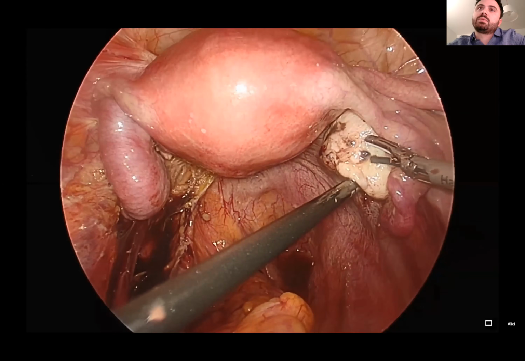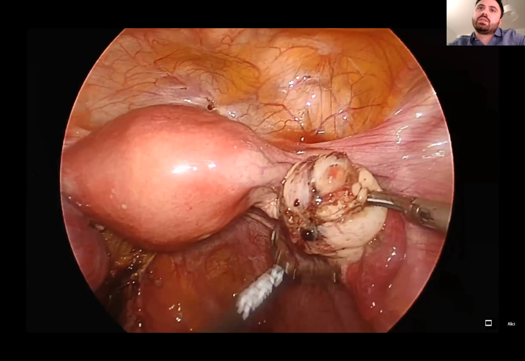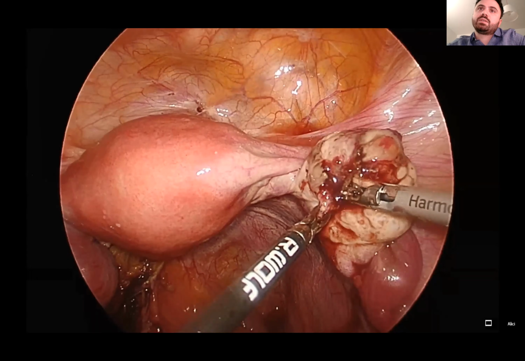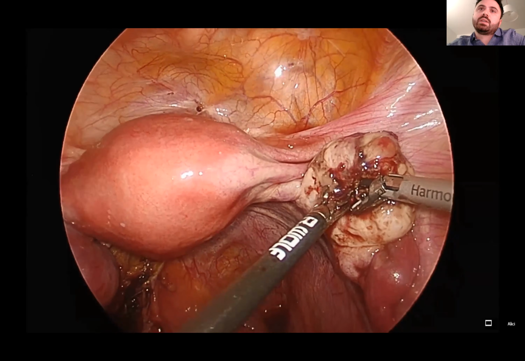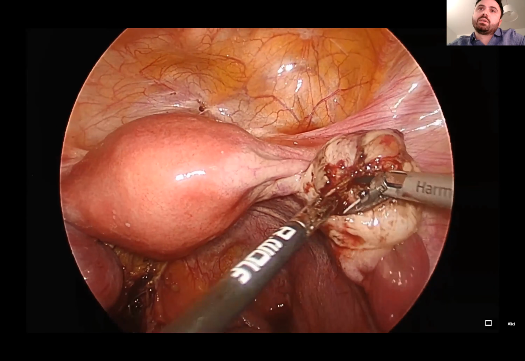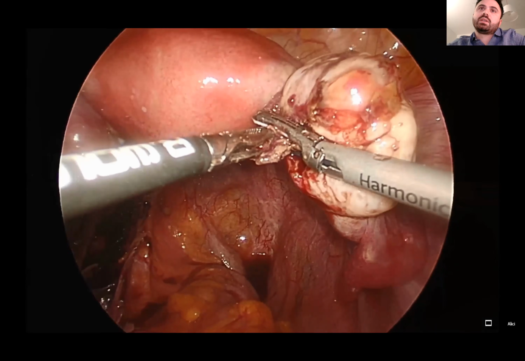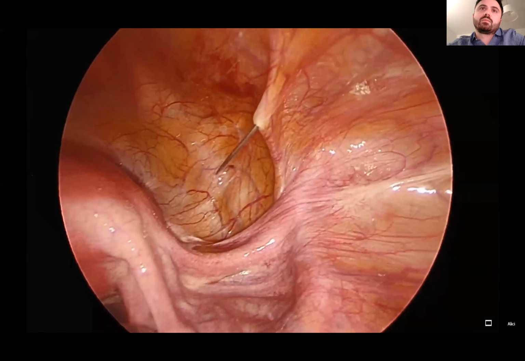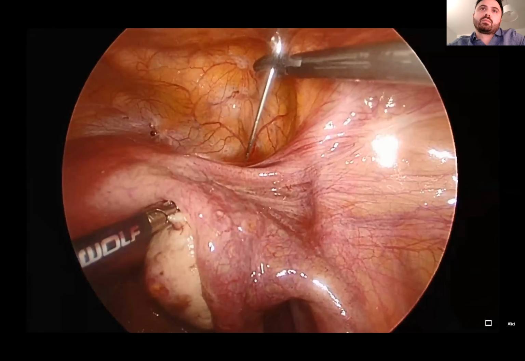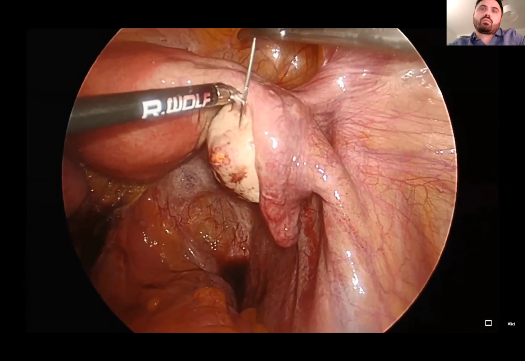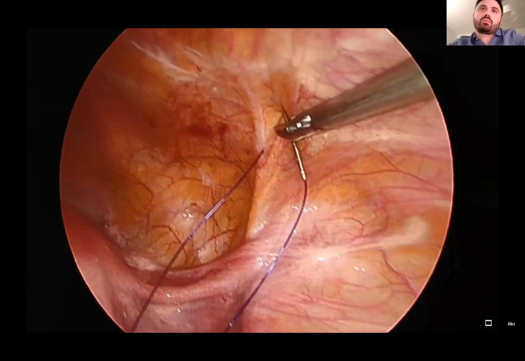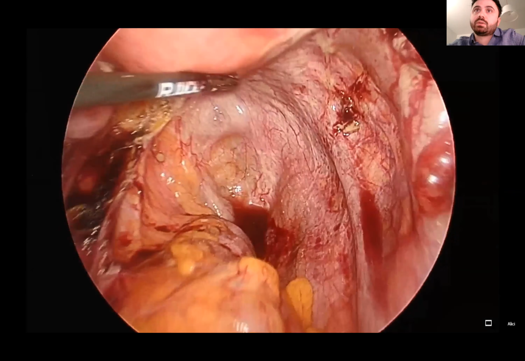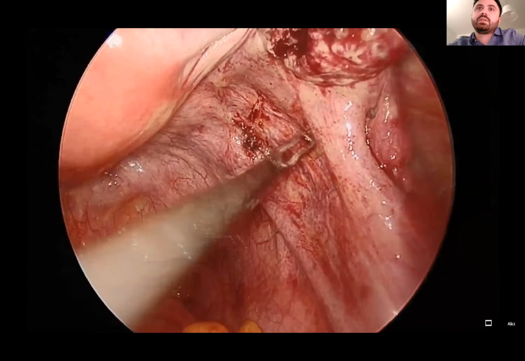Then there were the superficial endometriosis lesions on the left ovary that we also excised. And then we performed an ovariopexy so that we can work on the pelvic sidewall. On the right pelvic sidewall was another lesion. So we opened the peritoneum.